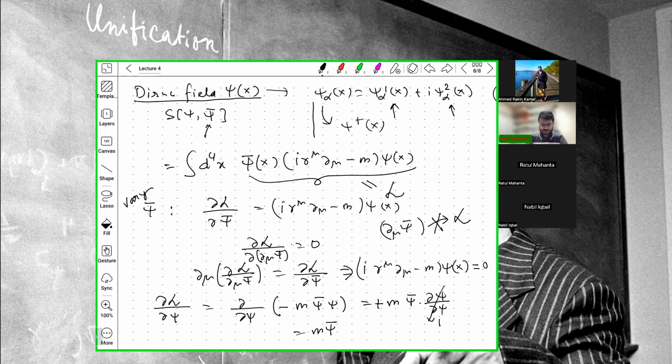So differentiation with respect to Grassmann variables, you have to take care of a sign. But you can see that psi has derivatives in the Lagrangian.